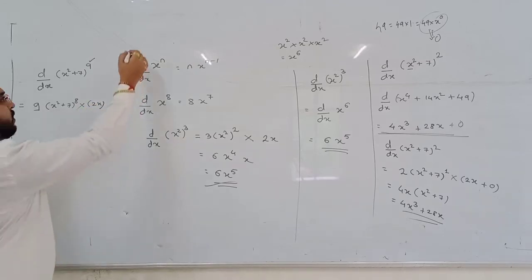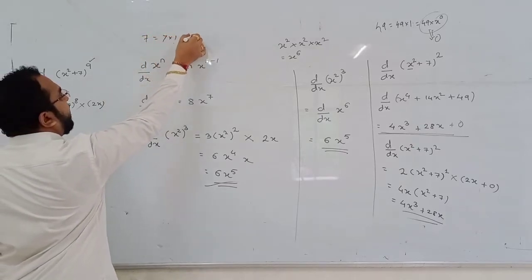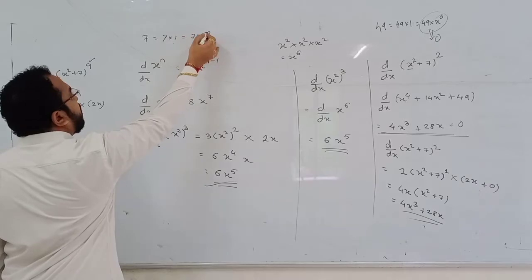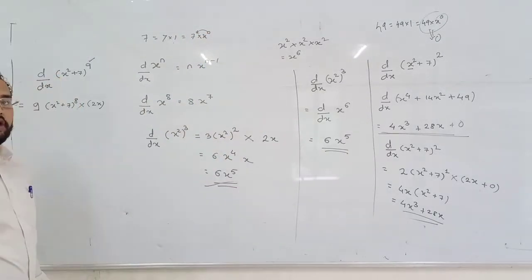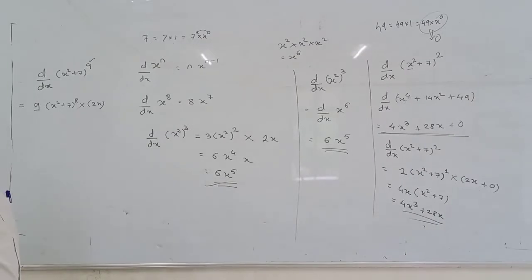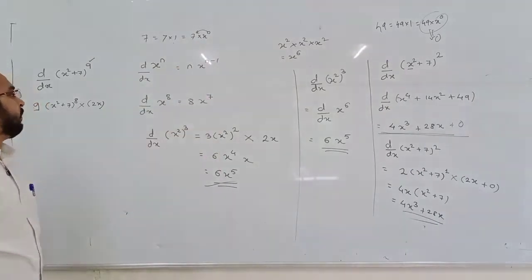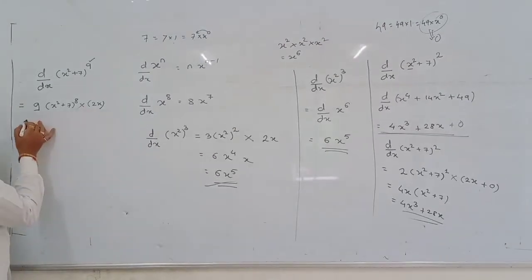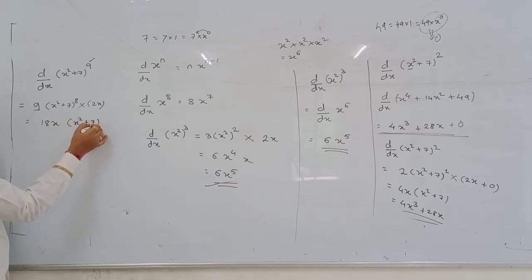Why 0? I told you, 7 can be written as 7 into 1, and 1 can be written as x to the power 0. When this 0 comes to the numerator, the differentiation of 7 will be 0. The product will be 0 here. So now it will be 9 into 2, 18, and how many x? 18x (x square plus 7) to the power 8.